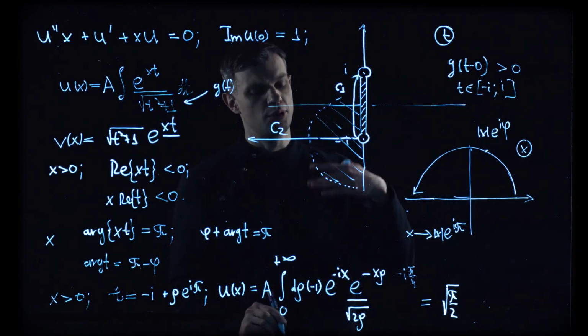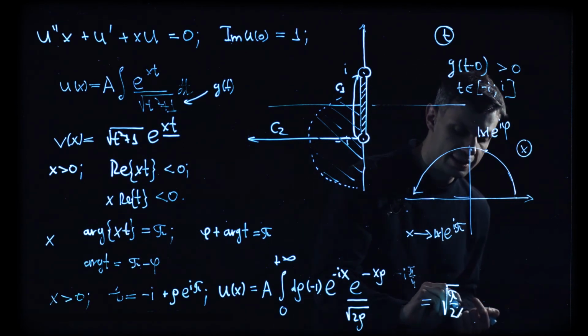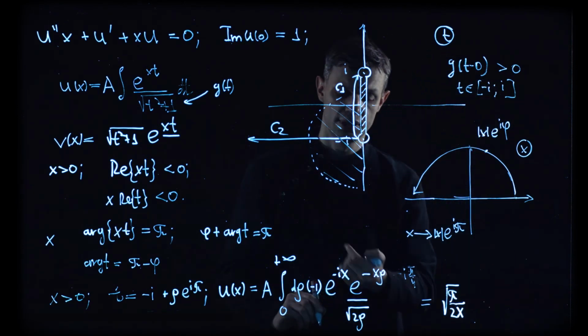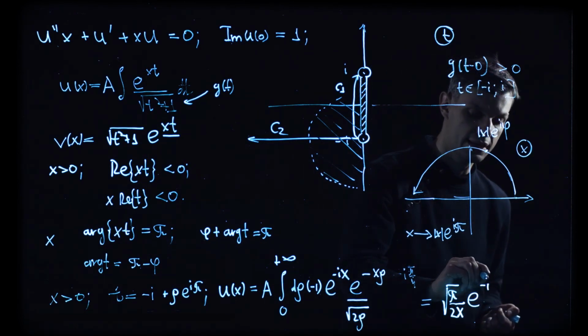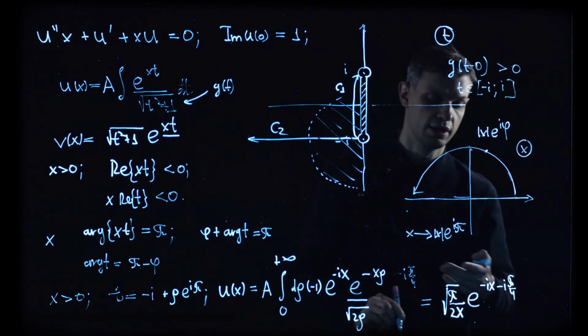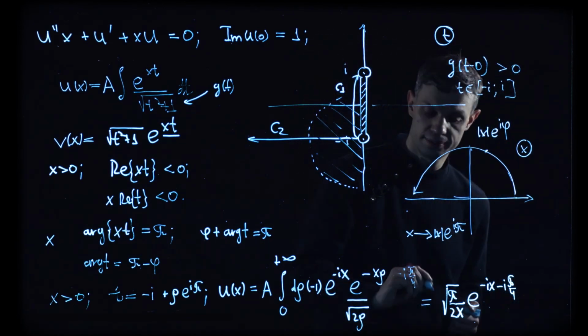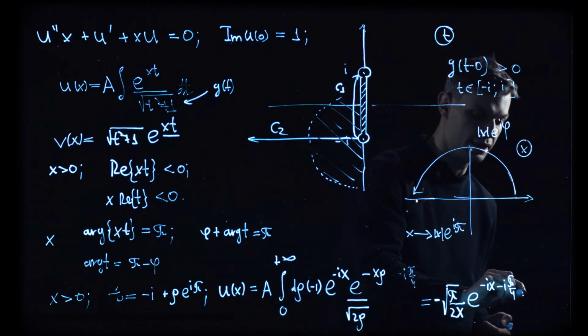Now, after the appropriate change of variables, as we did last time, you will get x in the denominator, and you'll get e to the minus ix minus i pi by 4 in the exponent of your exponential function. And naturally, you have a minus sign and constant a.